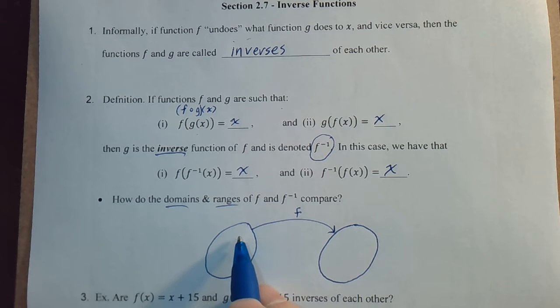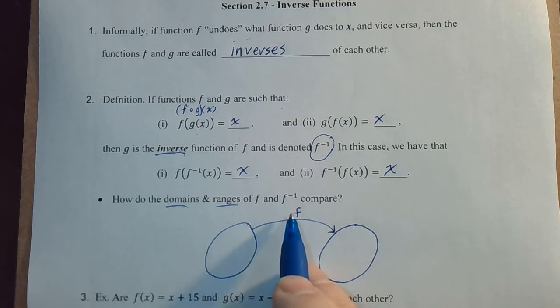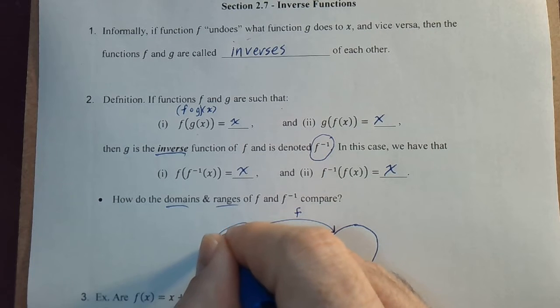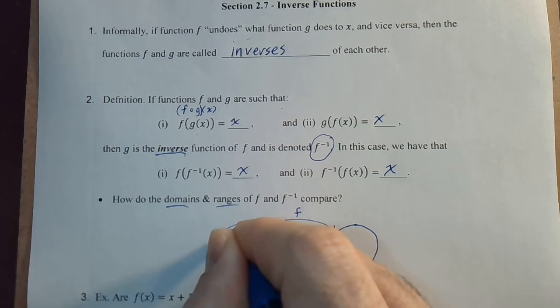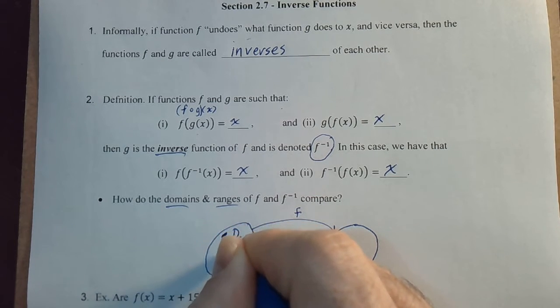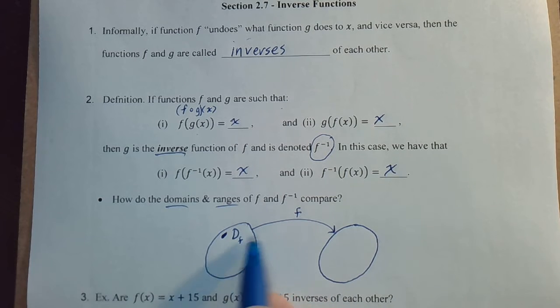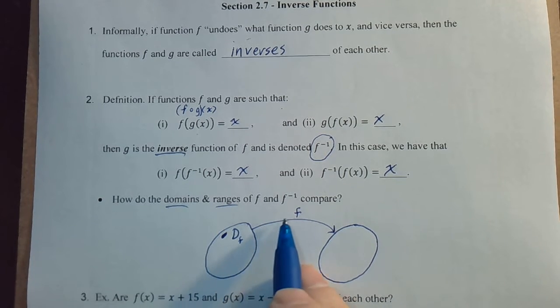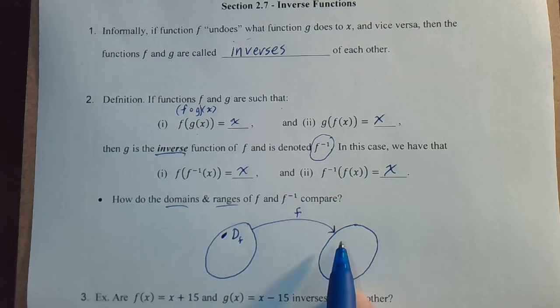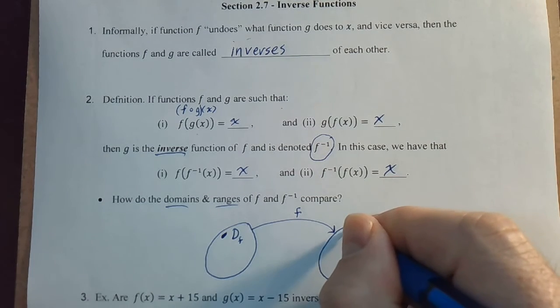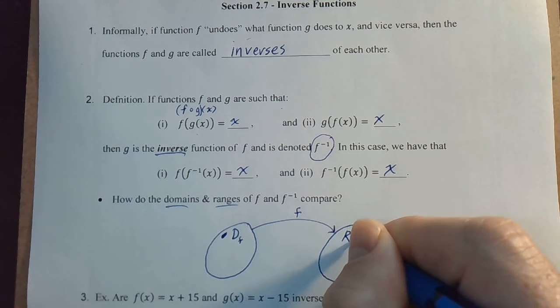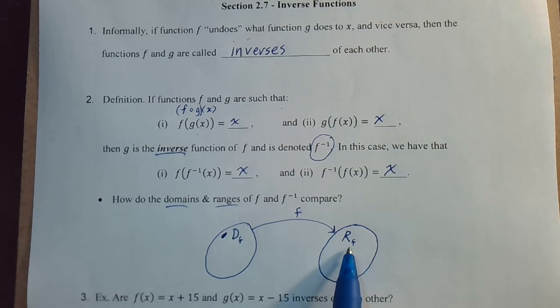So this would be the x values of f, so this would be the domain, maybe I'll just use the symbol, capital D subscript f. Obviously, this is the domain. f operates on these numbers and you end up in the range of f. I'll make it a capital R, subscript f.